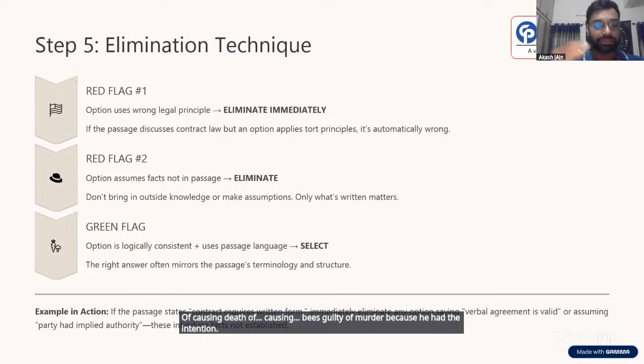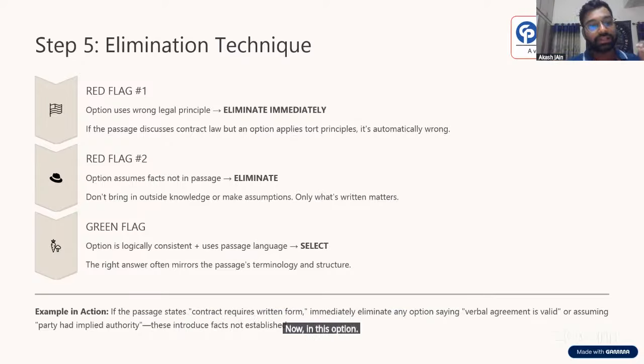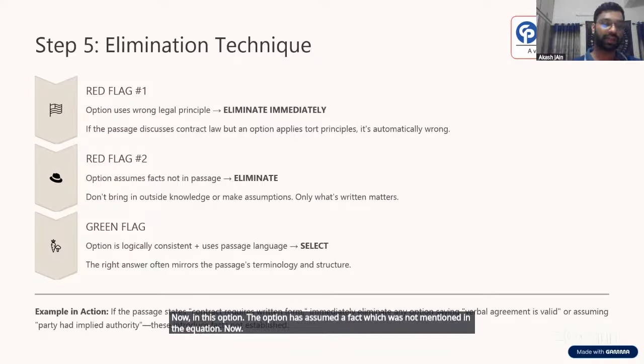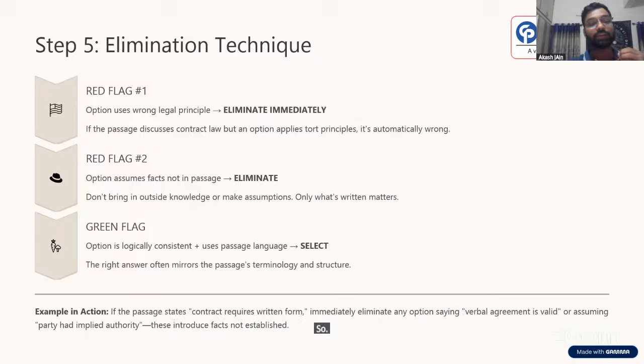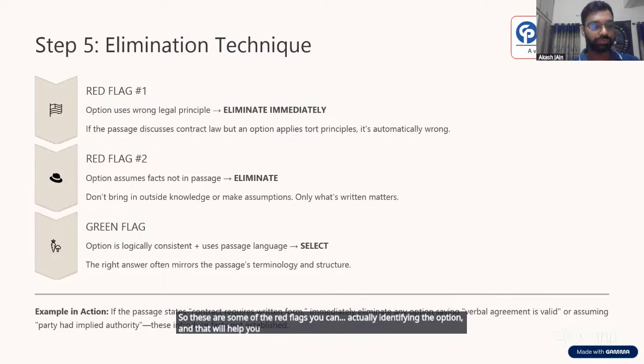Now, this option has assumed a fact which was not mentioned in the question. That is another red flag. So these are some of the red flags you can identify in the options, and that will help you in eliminating those options. Then what are the green flags?